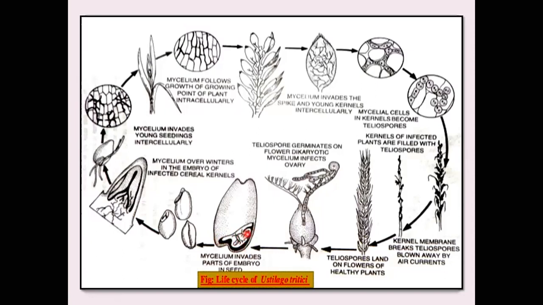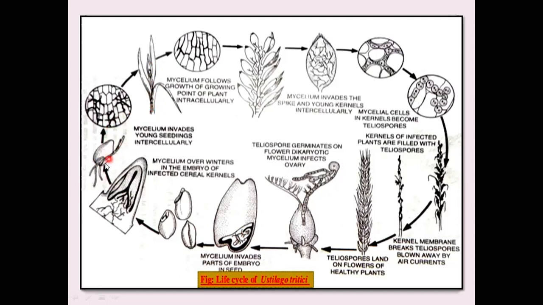Okay, so this mycelium becomes dormant in these infected seeds for long durations, and these seeds are generally sown in the fields. So this dormant mycelium becomes active, and the mycelia grow and become systemic in the growing parts of the wheat crops.